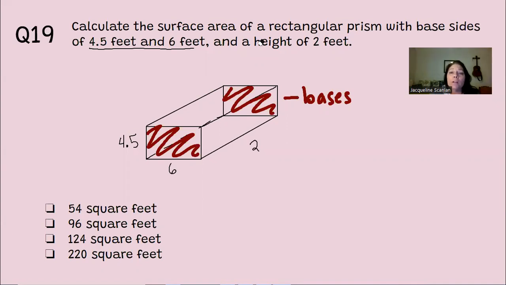I could find the area of all of the side shapes. Those would be in yellow. I could then also find the area of the 2 top shapes. There should be 6 sides on any prism. And if I find the areas of all 6 of those shapes, I could add them all together and get the surface area. That's all surface area means, okay?